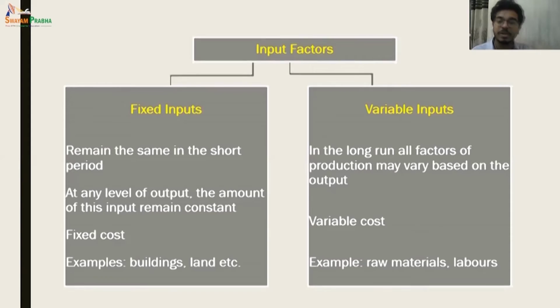And which are those variable inputs? Raw materials. If I need 2 kg of rice to prepare 10 plates of biryani, then for 20 plates of biryani I will require 4 kg of rice, and for 30 plates of biryani I will require 6 kg of rice. For 5 plates of biryani, I will require 1 kg of rice. So it is varying, right?